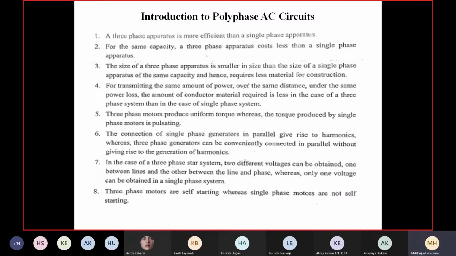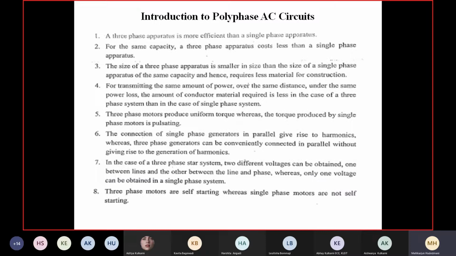Suppose I have a three phase AC system, 360 divided by 3 gives you a 120 degree shift in phase. So, one phase is Vm sin omega t, the second phase is Vm sin (omega t minus 120), and the third phase is Vm sin (omega t minus 240).